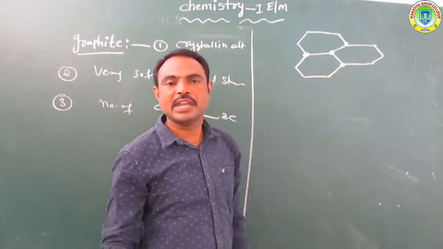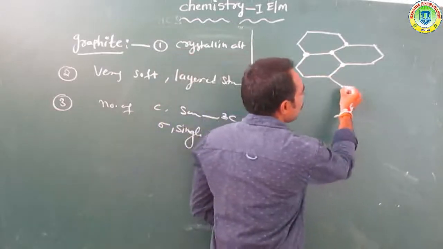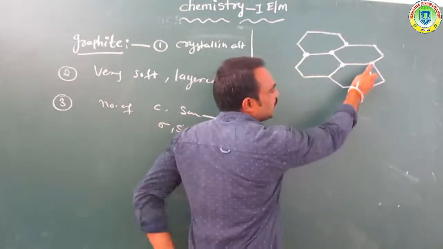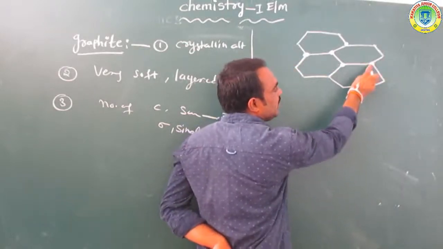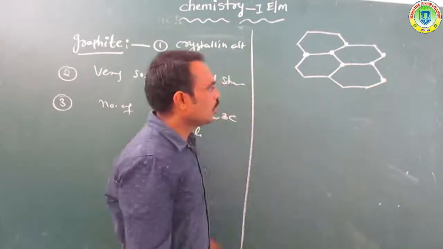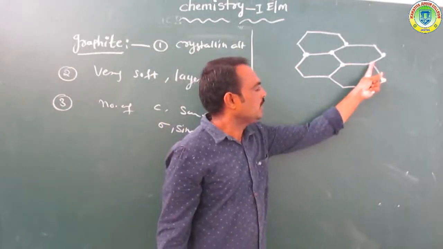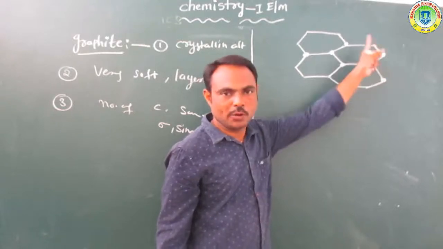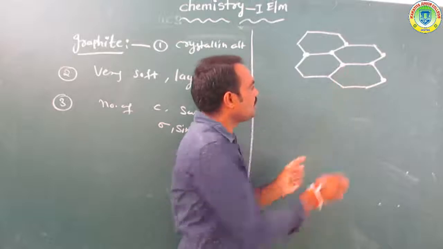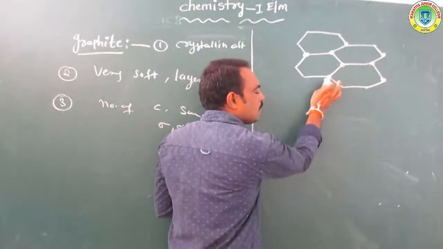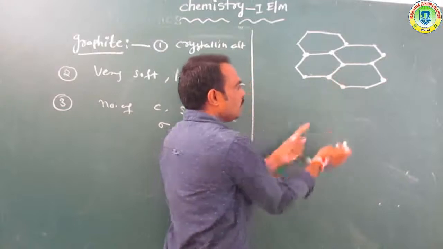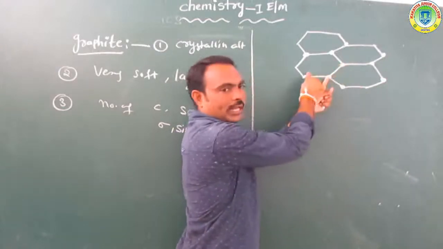Suppose we take another carbon; it is attached to the surrounding 3 carbons, 1, 2, 3. This carbon is also attached to the surrounding 3 carbons, 1, 2, 3. Likewise, this carbon is also attached to 3 carbon atoms.